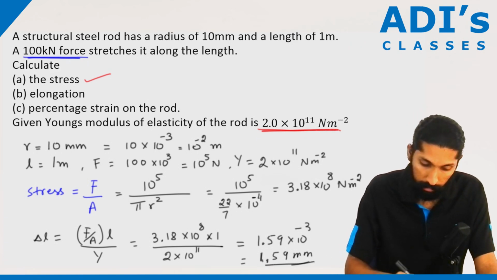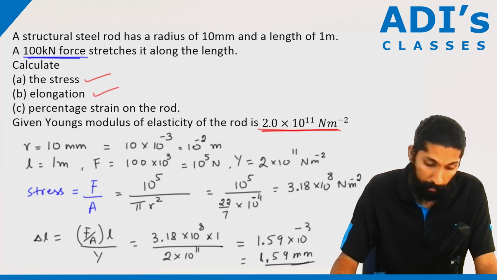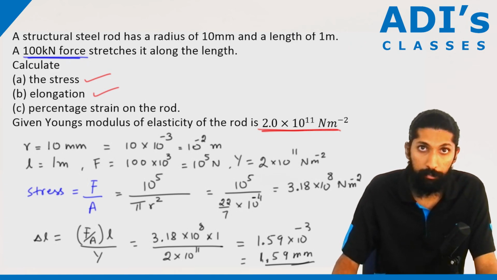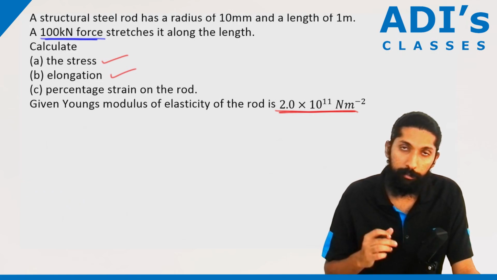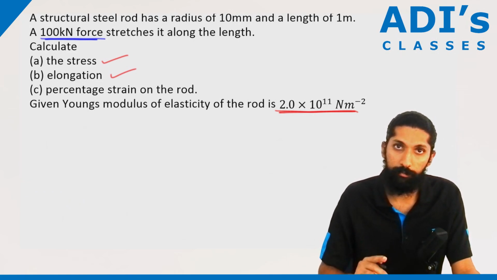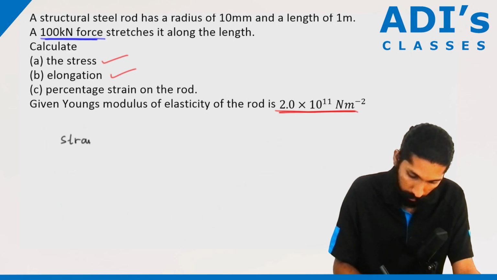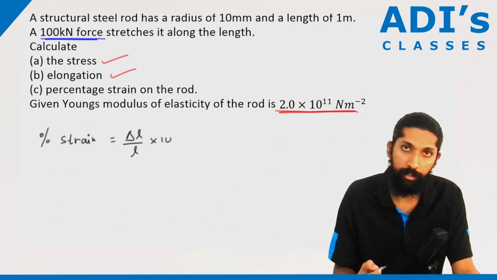We are done with the elongation part. The next part is percentage strain on the rod. This is the third part. For percentage strain, strain is delta L divided by L. So calculate delta L by L and multiply that by 100. Strain is equal to delta L divided by L, so percentage strain is this into 100.